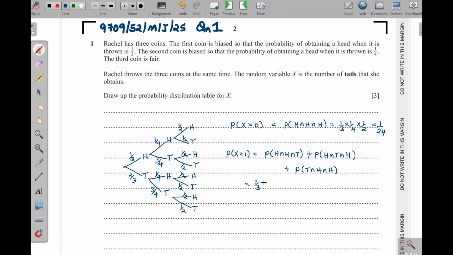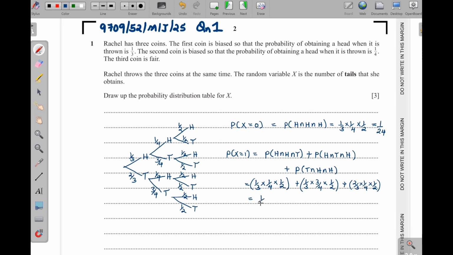So head is a third, and then another head is a quarter, then the tail is a half. Then head, tail, head. Then lastly, we have a tail, then head, head, a quarter, and then times a half.